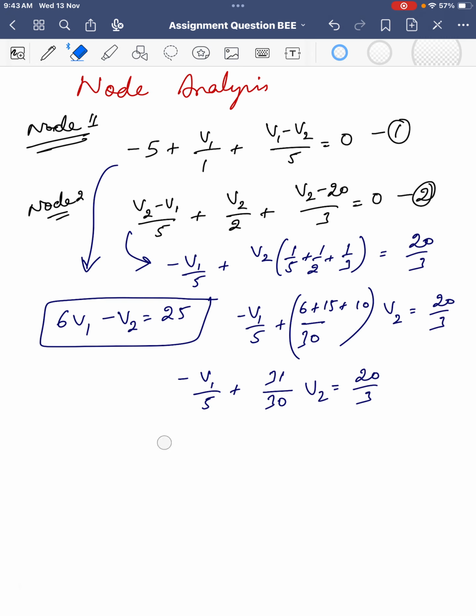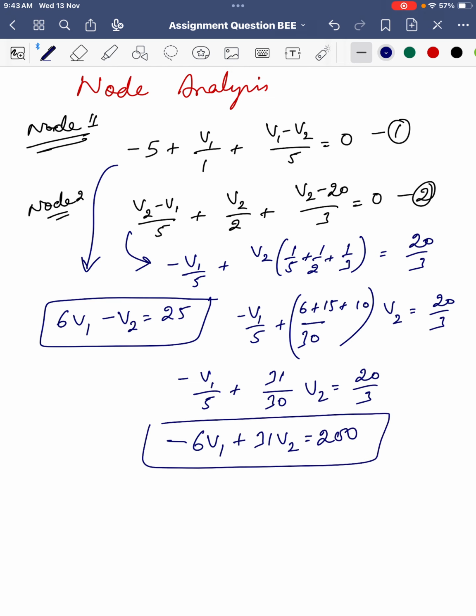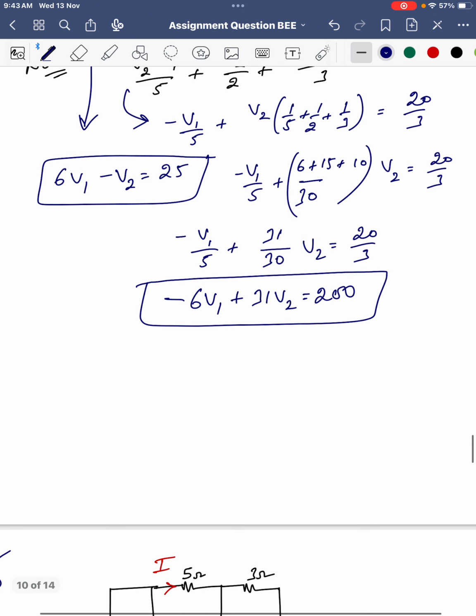So we can get here minus 6V1 plus 31 V2 is equal to 200. So we get these two equations.